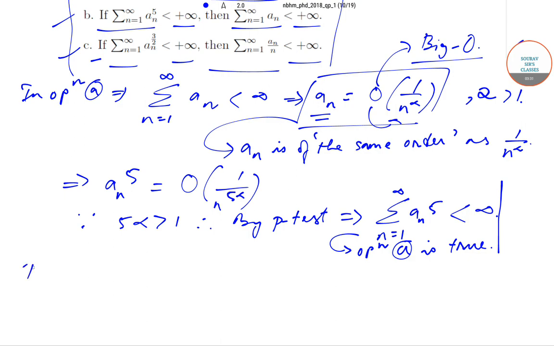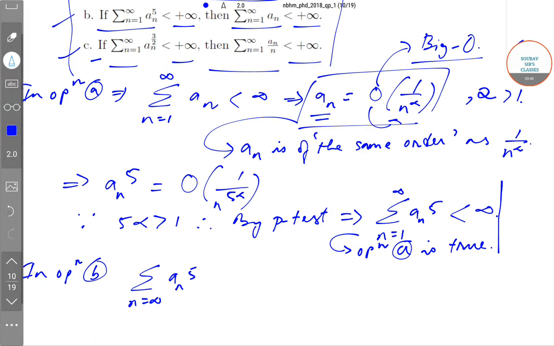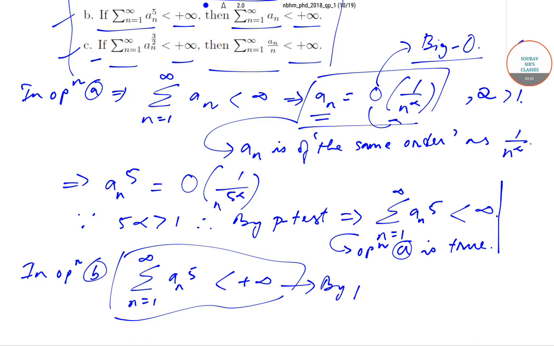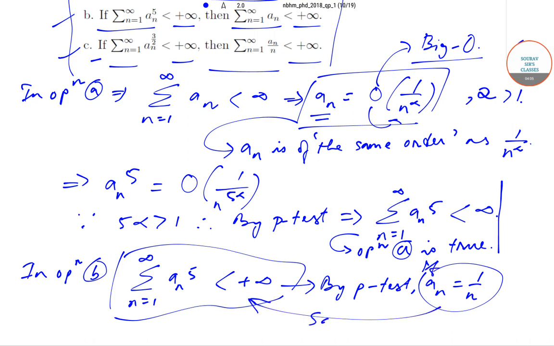Now let's shift our focus to option B. In option B, we are told that the summation of a_n to the power 5, as n goes from 1 to infinity, is less than plus infinity. By the p-test we can take a random example: if a_n is equal to 1 by n, then this condition is satisfied.